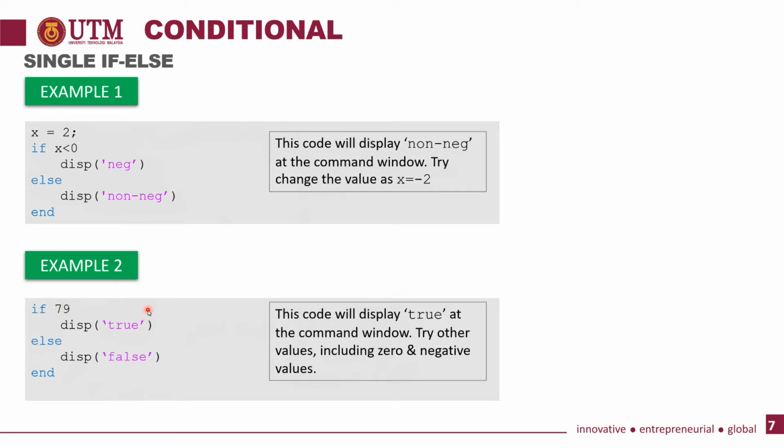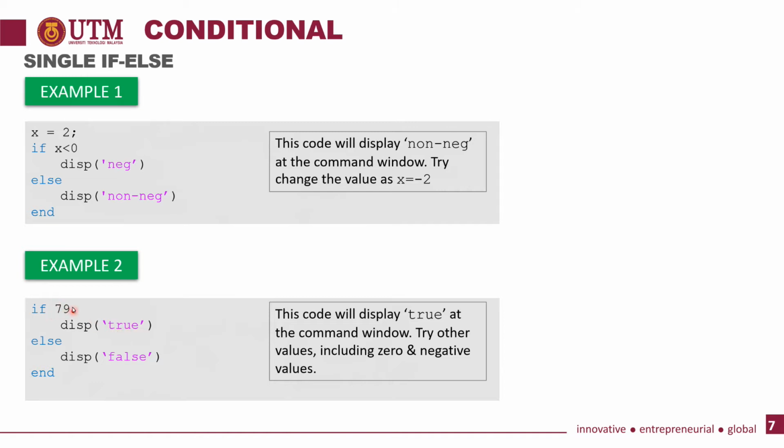So as I told you before, to convert from a number to a Boolean expression, any number other than 0 will automatically be converted into 1. And if the number equals 0, it will be converted into 0 in Boolean. So 79 in Boolean is equal to 1, so it will automatically display true.